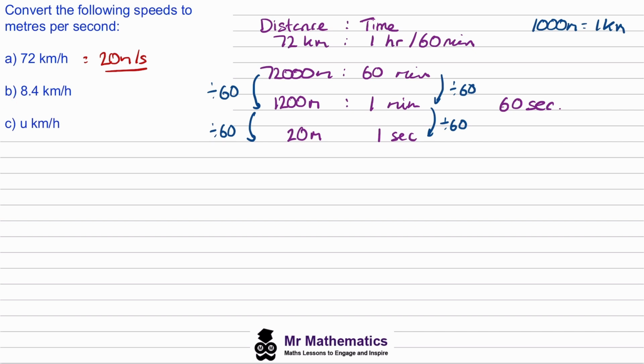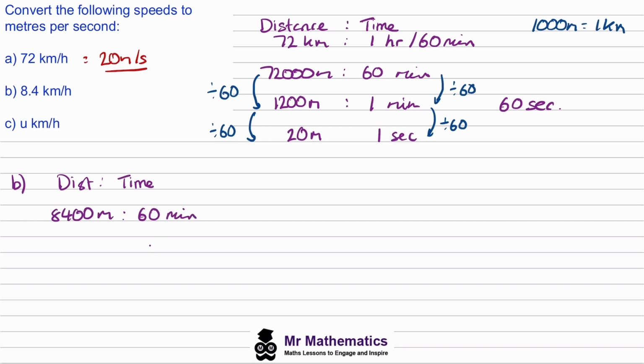We'll try question B. We want the ratio of distance to time. And the 8.4 kilometers, what do you think that will be in terms of meters? So if we multiply the 8.4 by 1,000, we get 8,400 meters in every hour, or every 60 minutes.